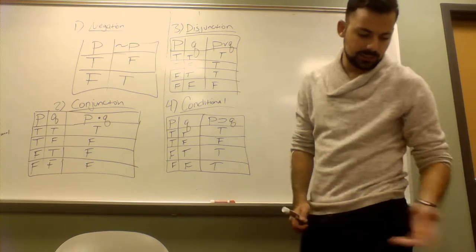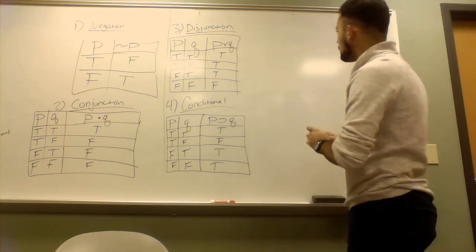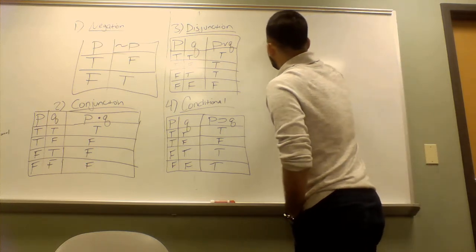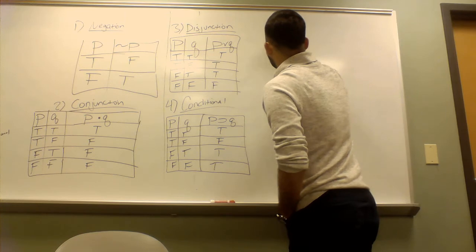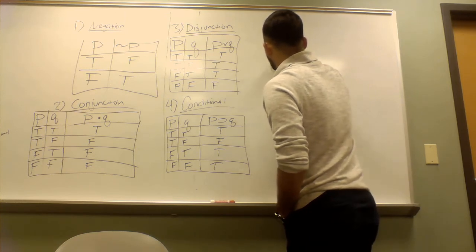All right, and so lastly, we'll talk about equivalence. Equivalence is really easy. Again, we only really need two for the mock tables that we're doing.